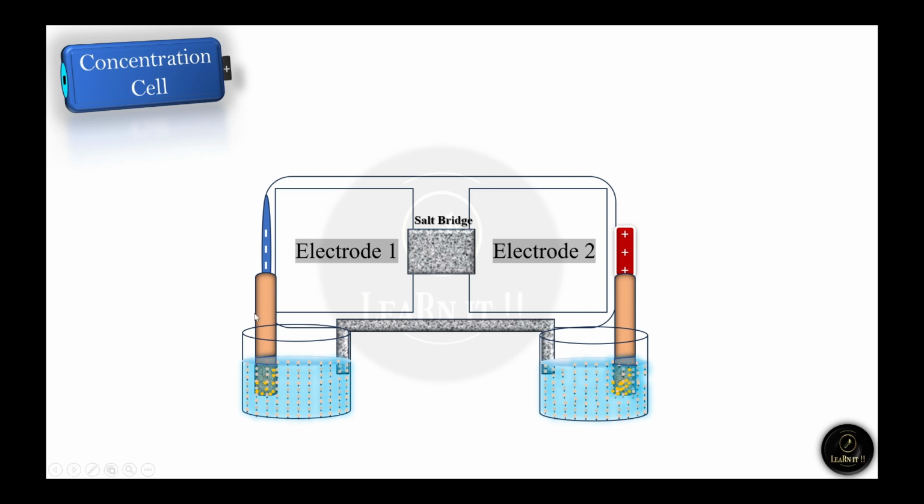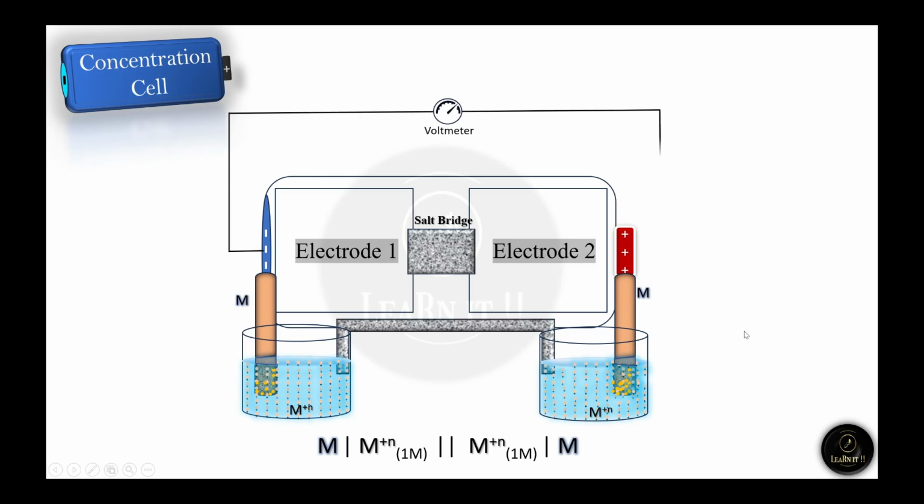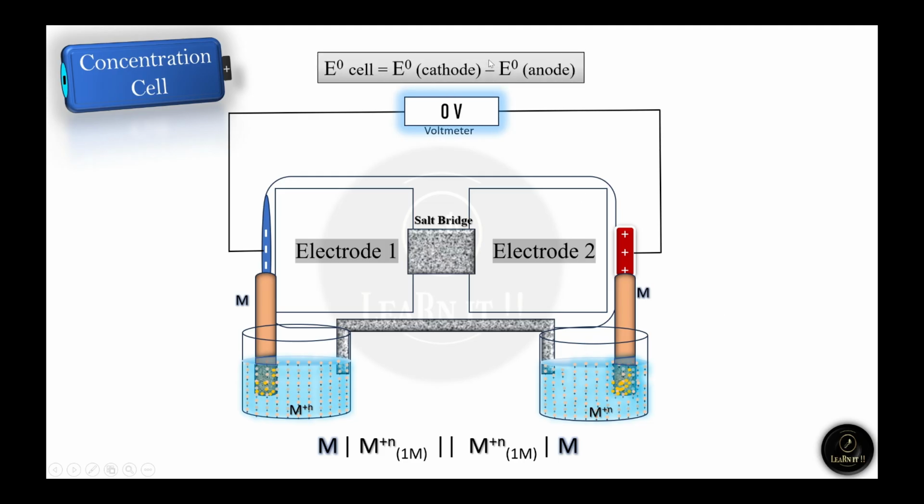Consider a cell made up of the same material, where the electrolyte has the same concentration, that is 1 M and 1 M, maintained at NTP. The voltmeter shows a reading of 0 volt, because E0 of the cell is equal to E0 of cathode minus E0 of the anode, and both are the same.